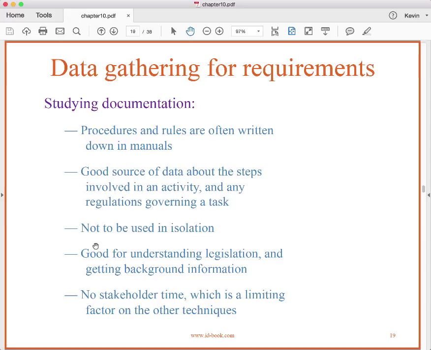One is if the solution to the requirements, if you think that current systems and procedures are fairly effective at dealing with the problem or opportunity at hand, then you probably want to go see how they work, right?